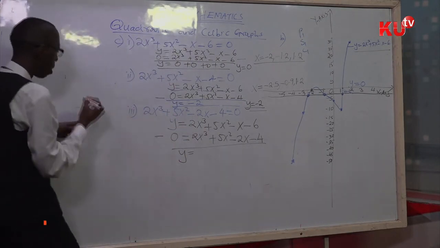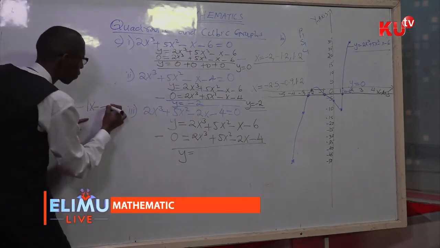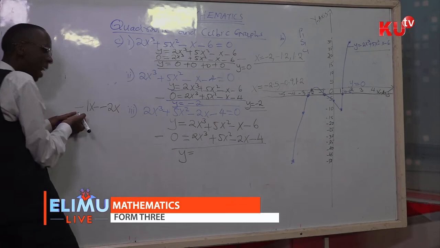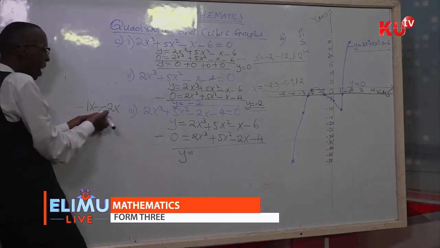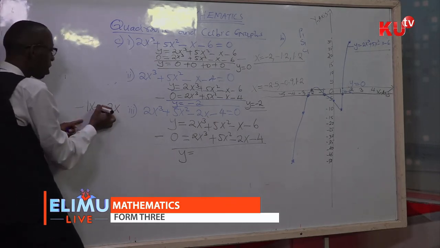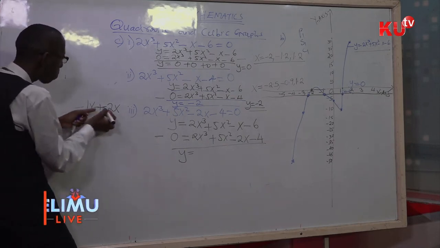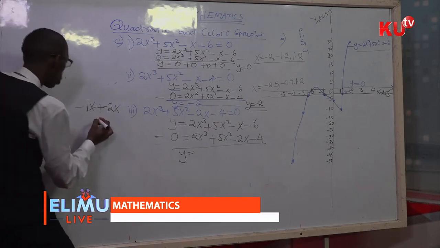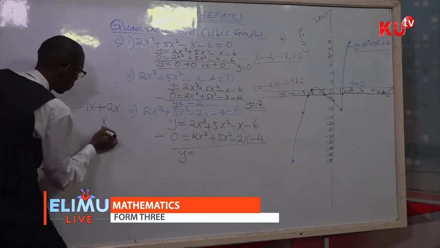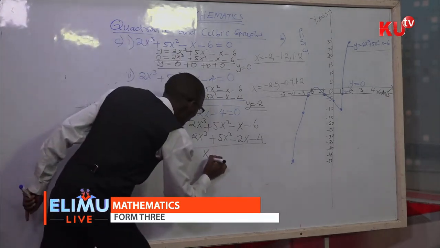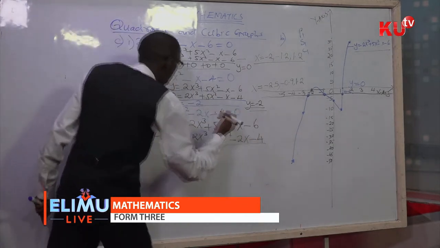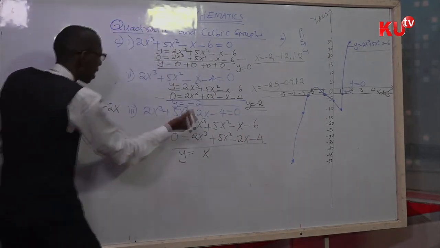Negative x minus negative 2x, it will give us positive x. So negative 1 plus 2 is positive 1x.